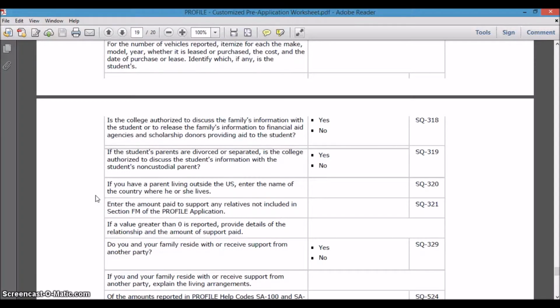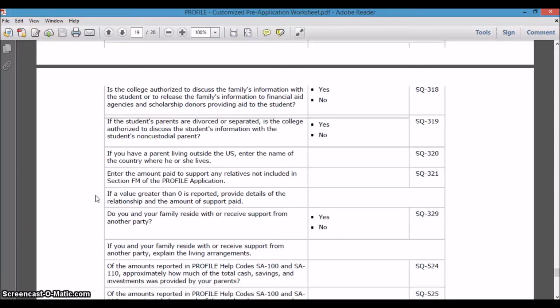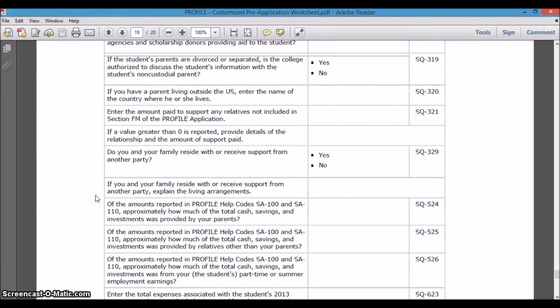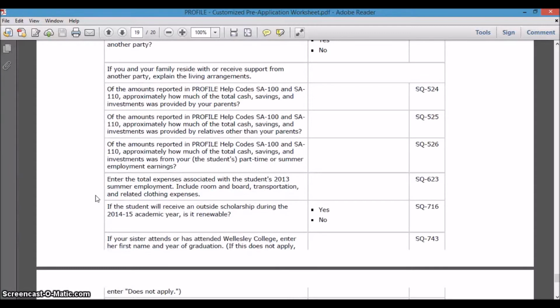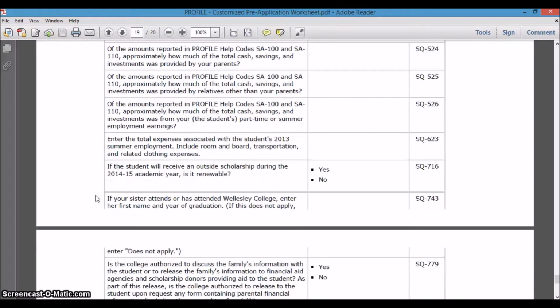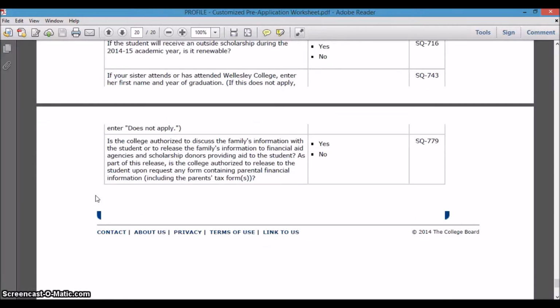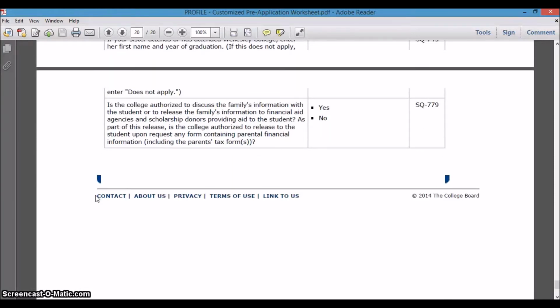For example, Columbia University has its own set of questions that it wants to ask you aside from the CSS profile, and this section of supplemental questions is where they would put those questions. This can be different based on which colleges you're applying to, and could differ from one person to another. So make sure you go through the questions, try to understand completely what they're asking you, and fill in the answers. This is basically the end of the CSS profile.